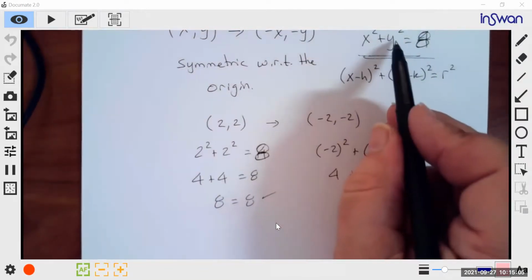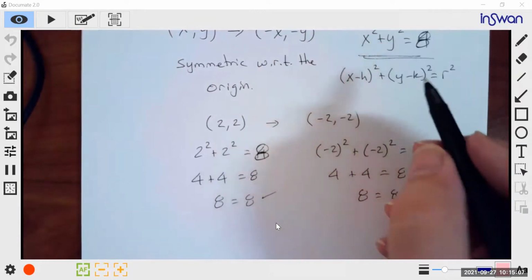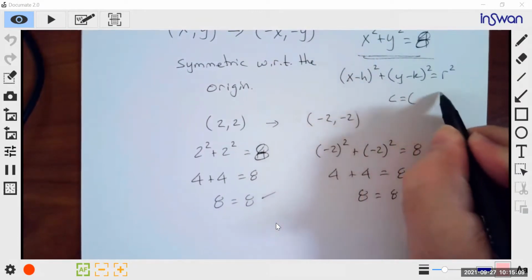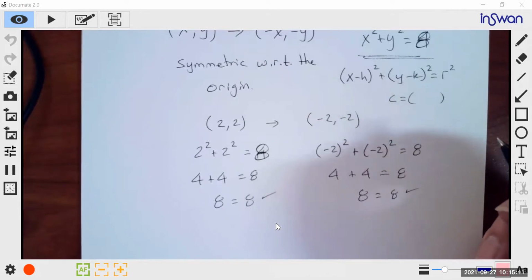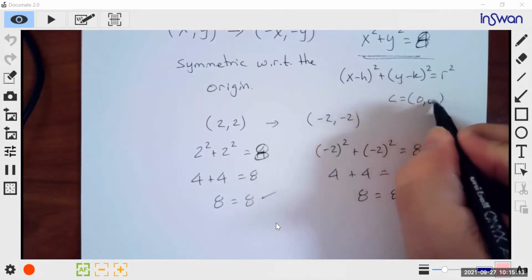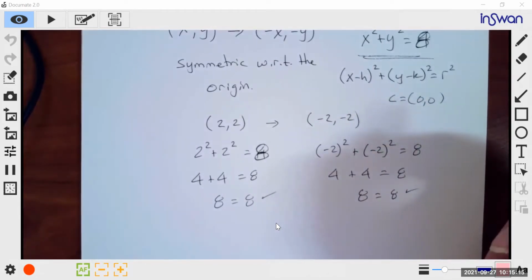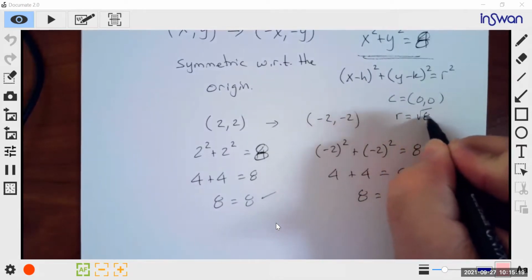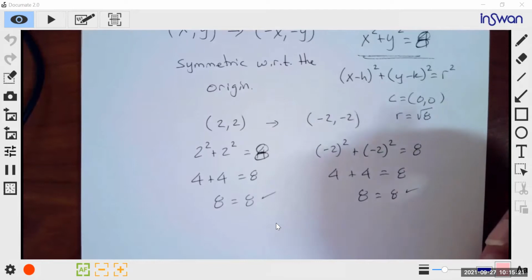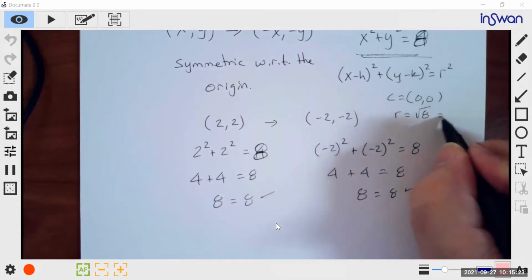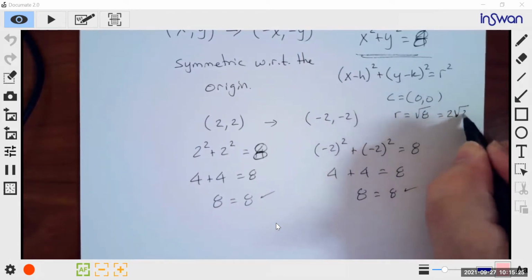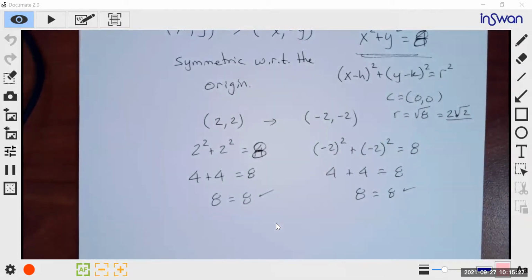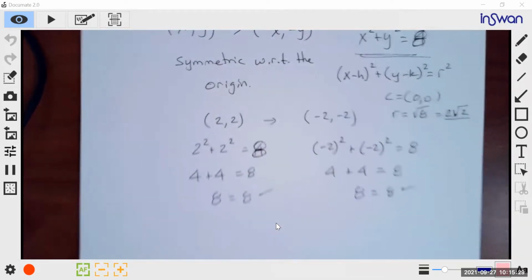X squared plus y squared, where's the center? Center's at 0, 0. The radius is the square root of 8, which is 2 square root of 2. We did that earlier. You have to remember your formulas.